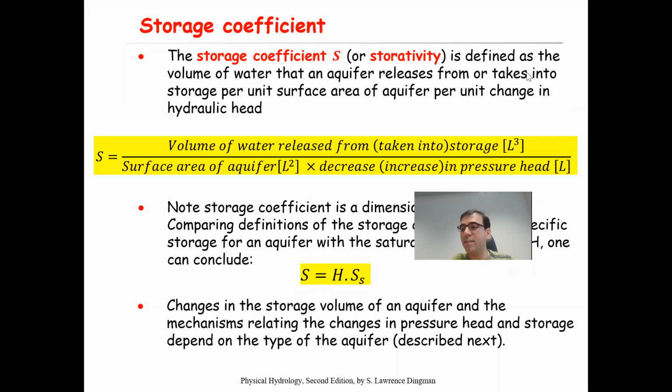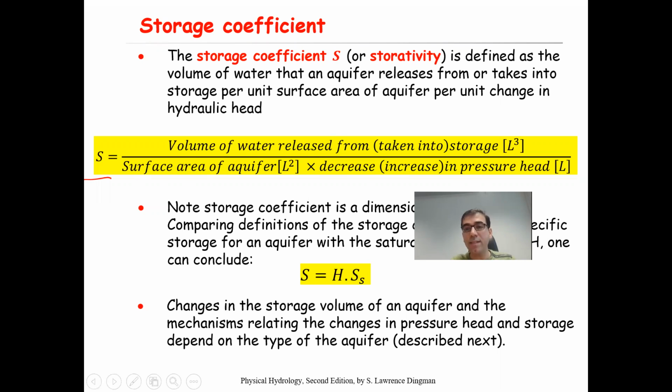The only difference is that in specific storage you had per volume of aquifer, while for a storage coefficient you have per surface area of the aquifer. That is denoted by S. So S is equal to volume of water released from storage divided by surface area of aquifer times decrease in pressure head, or volume of water taken into storage divided by surface area of aquifer times increase in pressure head.